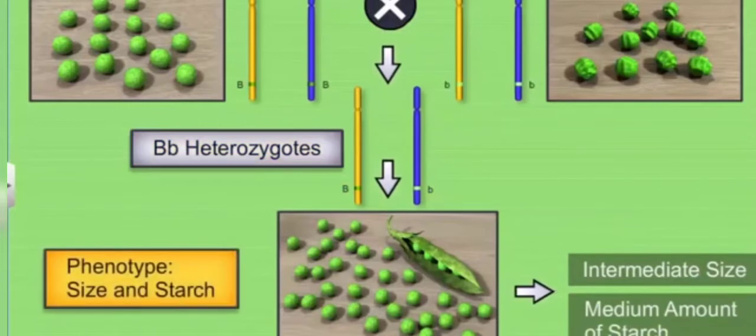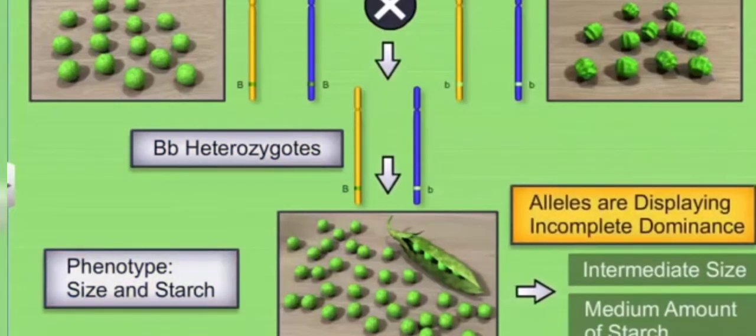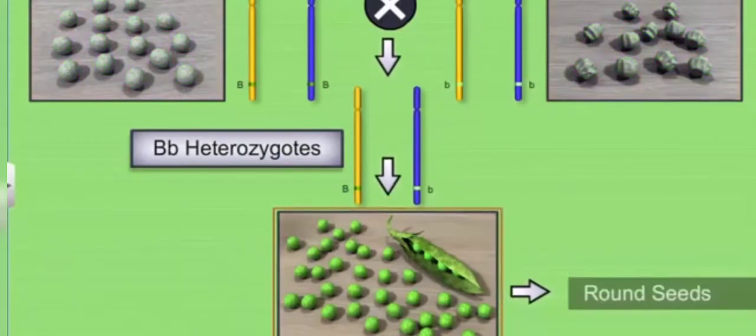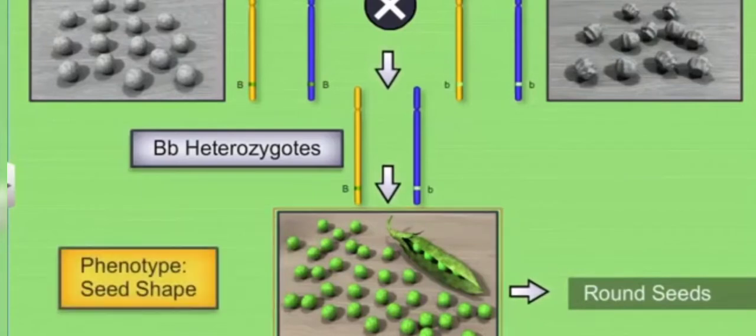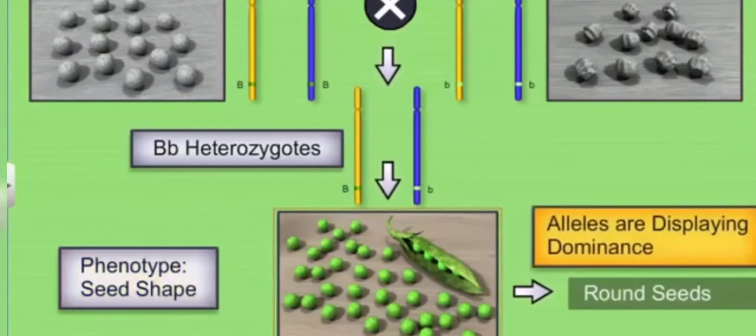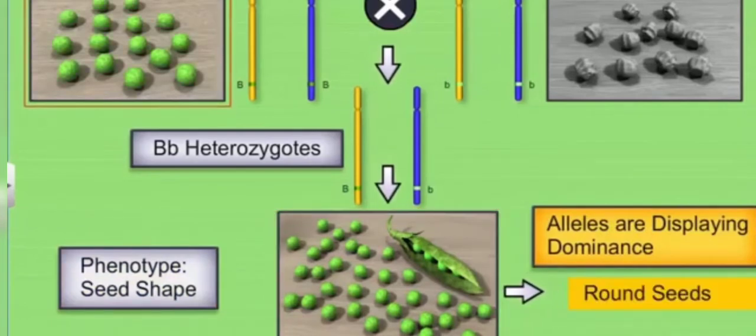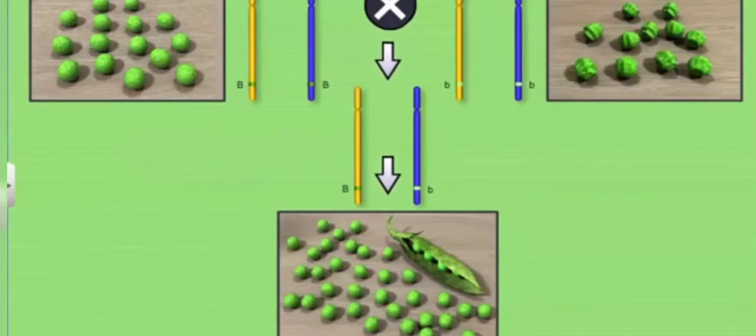If we consider the phenotype of size and starch grains, the alleles are expressing incomplete dominance. On the other hand, if we consider the shape of the seeds, then the alleles are expressing dominance, as the seeds were round like one of the parents.